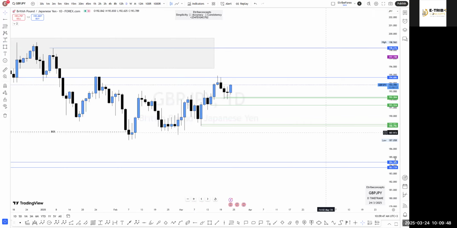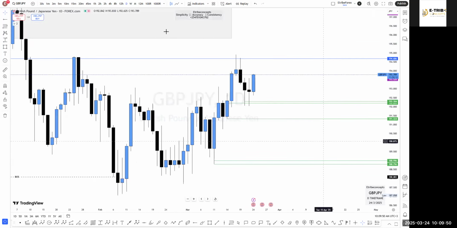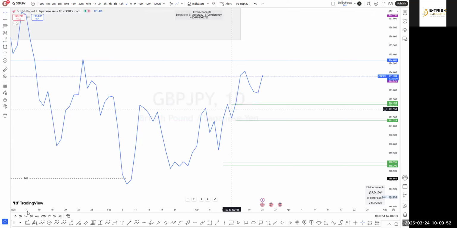Now that we have this daily structure here, we need to see as price really consumed liquidity. That's the most important thing.